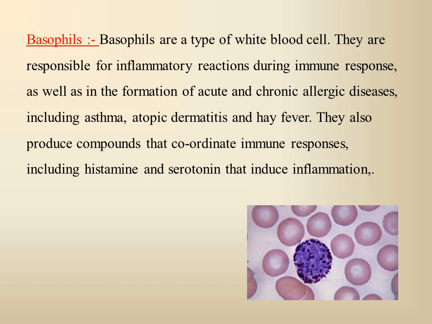Its function is also inflammatory reaction, but during immune response, not during parasite infection, as well as in the formation of acute and chronic allergic disease. So it is activated in allergic diseases like asthma, atopic dermatitis, and hay fever.